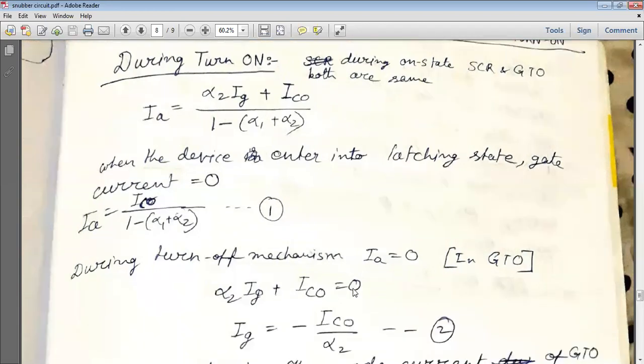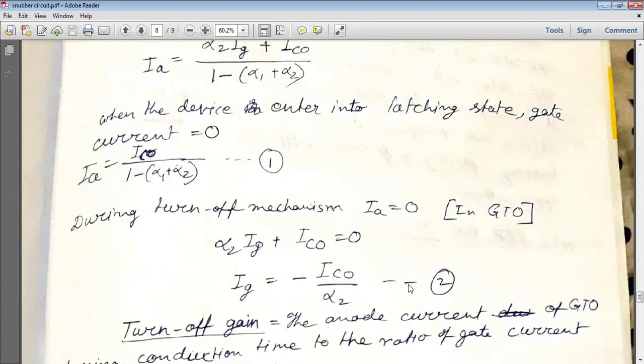During the turn off mechanism, the anode current equals 0 in GTO. For GTO, anode current equal to 0 means alpha 2 Ig plus ICO should be equal to 0. So Ig equals minus ICO by alpha 2.